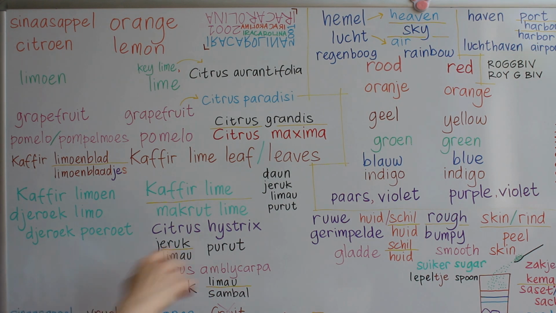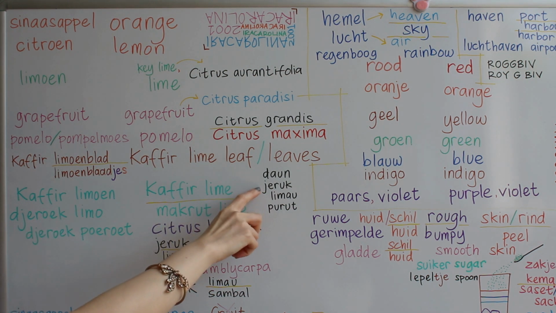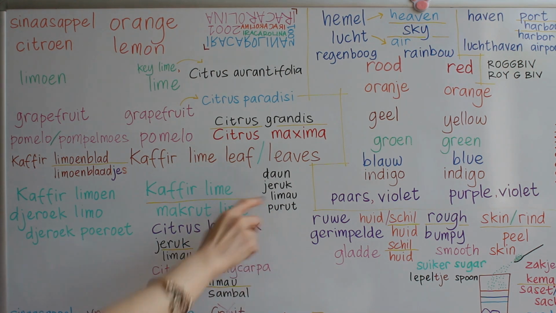So from jeruk it becomes jeruk, and we read it the same as the Indonesian one, jeruk. Limau, this time becomes limo instead of limau.